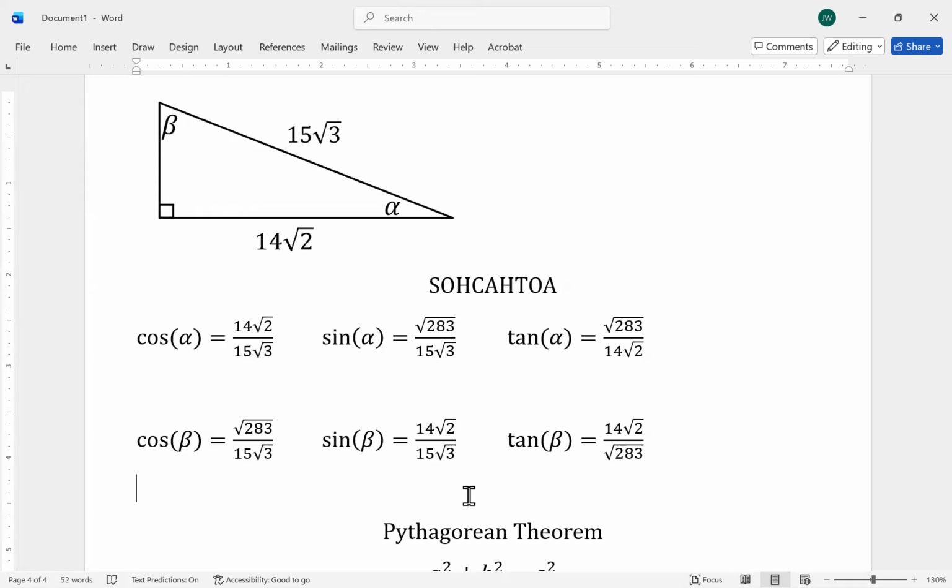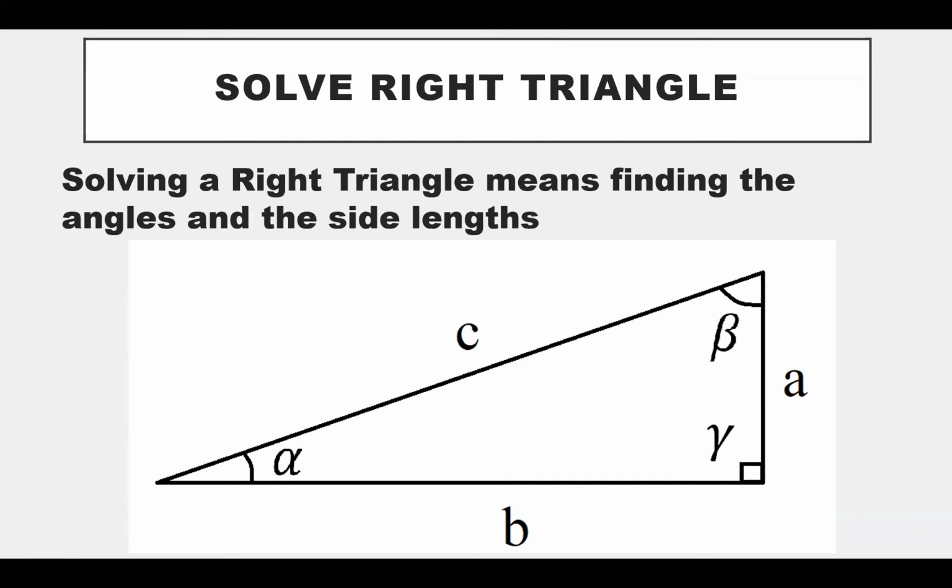So far, we've been calculating cosine, sine, and tangent of various angles. Now what we're going to do is something called solving a right triangle. Solving a right triangle means finding the angles and the side lengths.